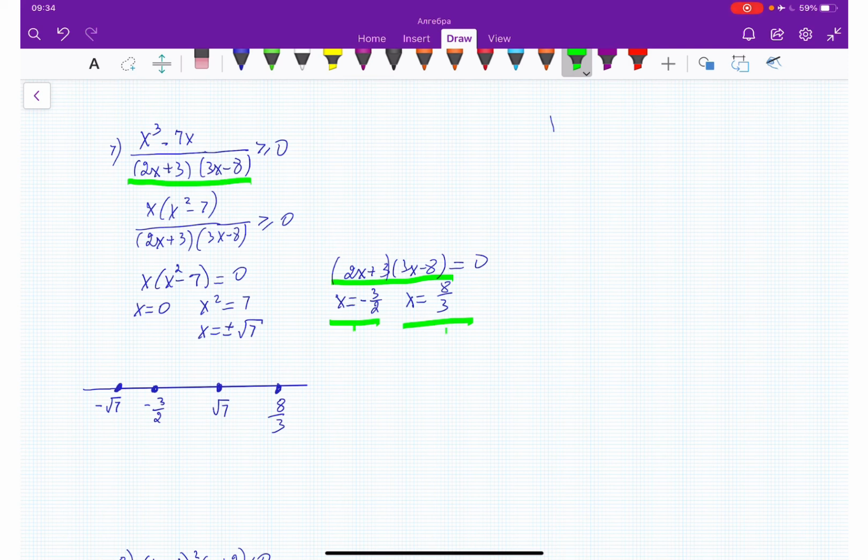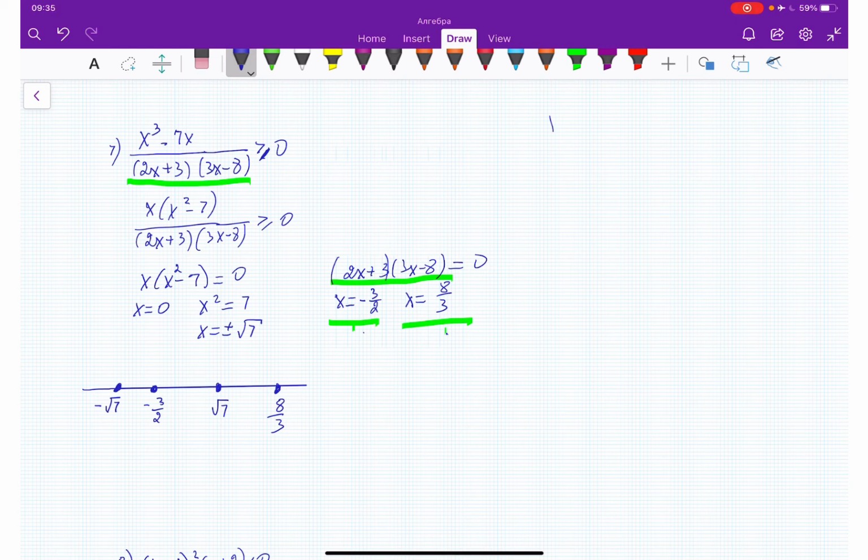Although we have here an equal sign, greater or equal, still negative 3 over 2 and 8 over 3 cannot be solid numbers, because if you take these numbers and plug them into this inequality, you're going to get division by 0, right?